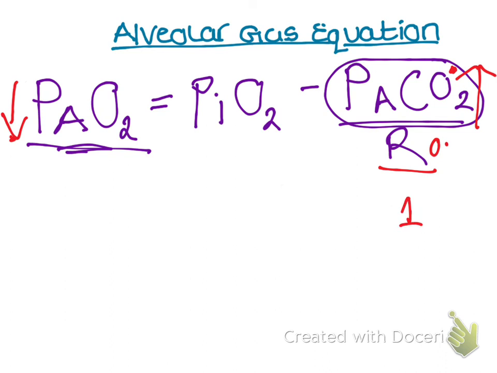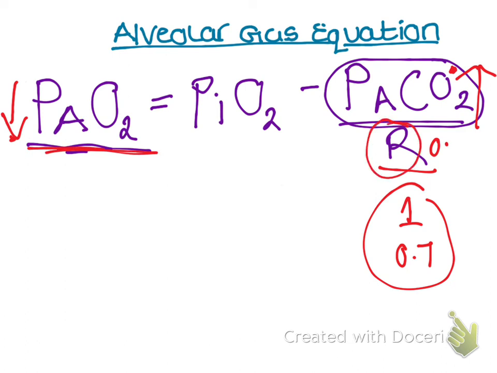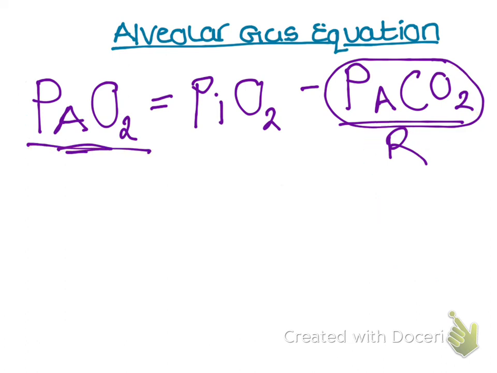If it's a fat diet, it will have an R value of 0.7. So again, this would affect your PaO2 as well, depending on what value you give the R. So that's a quick brief overview of the alveolar gas equation.